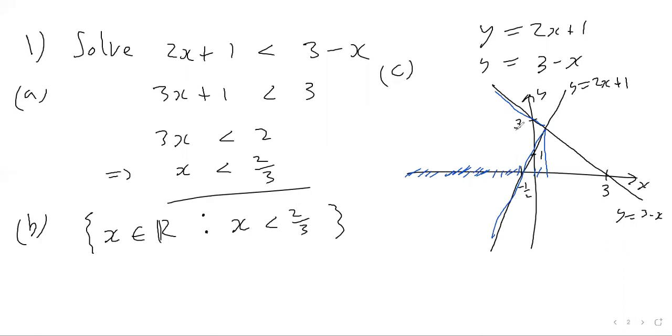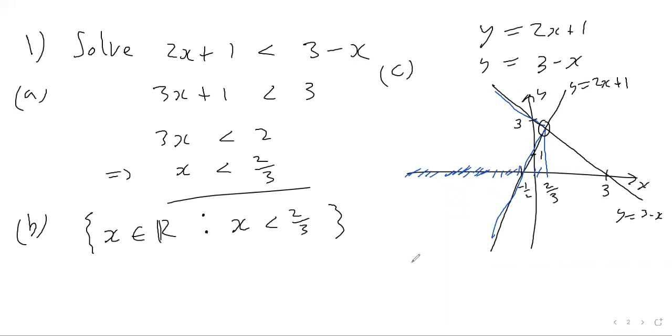So what we notice is that when x is less than this point of intersection, the y equals 2x plus 1 graph is less than the 3 minus x graph. And this point of intersection, you probably guessed it, is 2 over 3. We can see that from our solution, and also if we put an equal sign instead of an inequality sign, we would find the point of intersection to be 2 over 3.